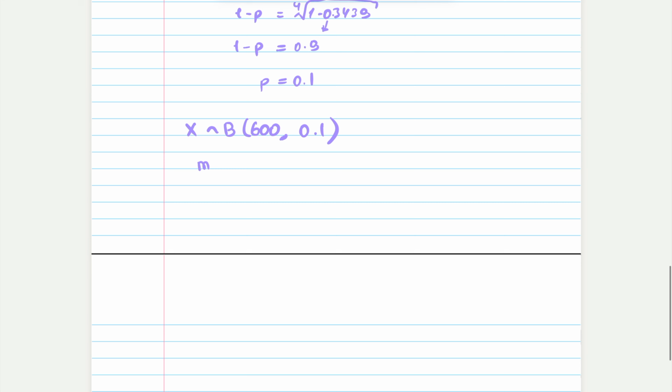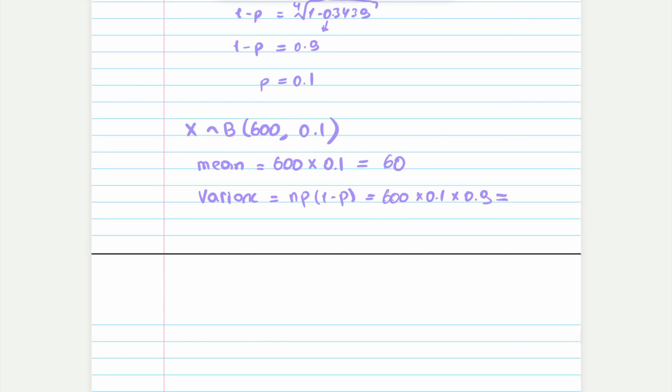If I'm looking for the mean, that is n times p, 600 times 0.1, which is going to be 60. So the mean number of faulty components in a day, we are expecting, is 60. The variance is np multiplied by 1 minus p, which is 600 multiplied by 0.1 times 0.9.